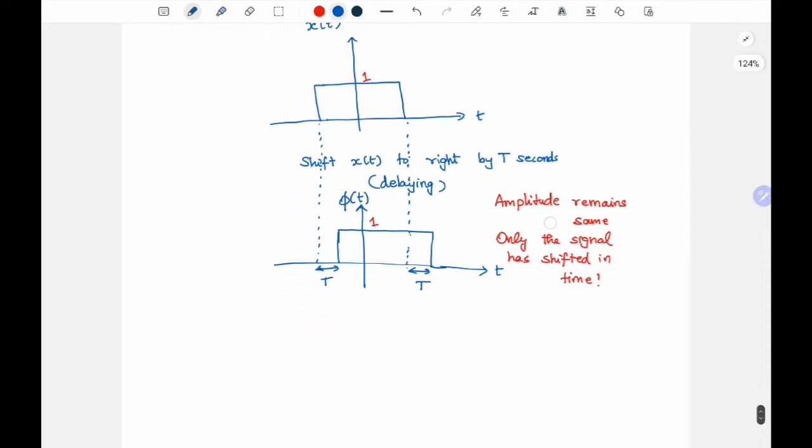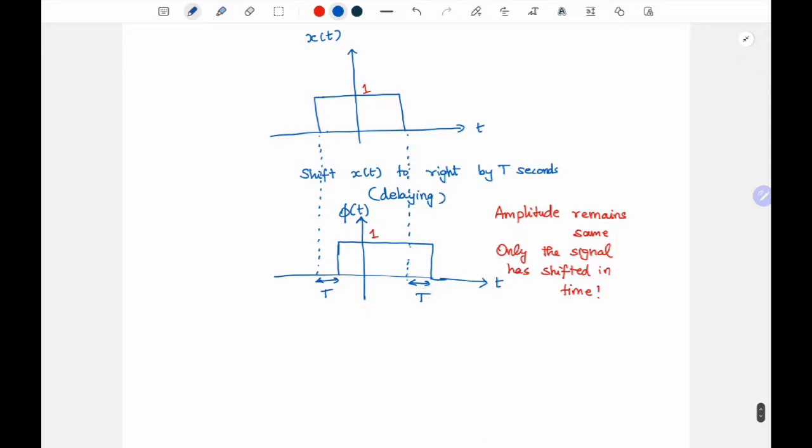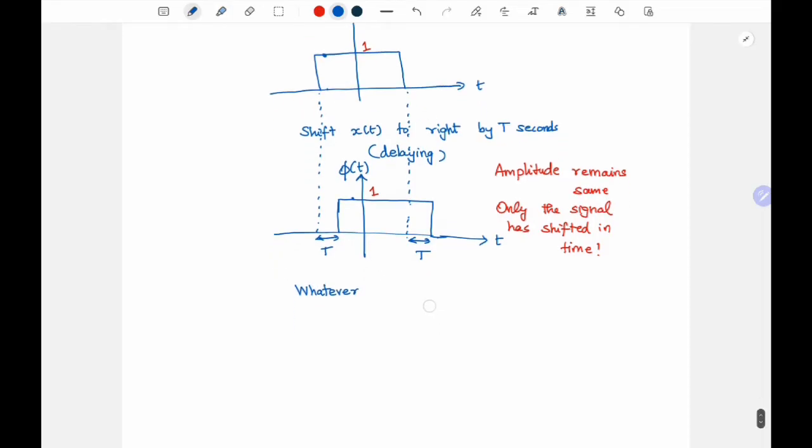So now what happens with phi of t? Whatever happens in x of t happens at t plus capital T. So whatever happens at t1, let's say, for x of t, happens at t1 plus capital T for phi of t.